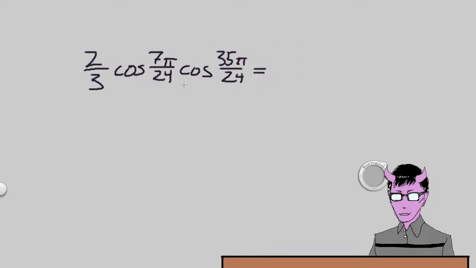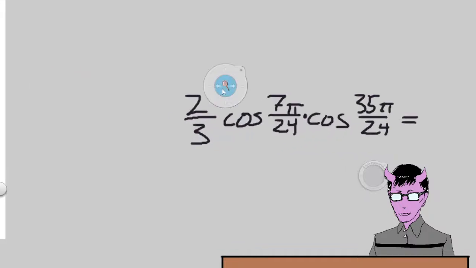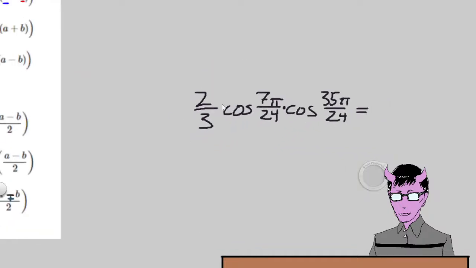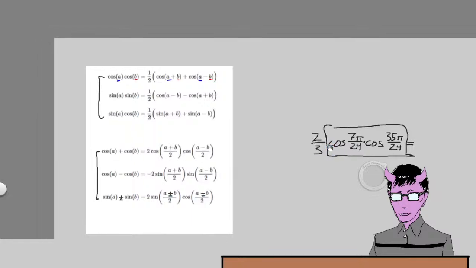So we have a cosine times a cosine. Find the right algorithm. Let's use one of these. It's cosine times cosine, so we're using the first one. We do have a goofy 2/3 in the front, so leave that alone. We'll just box off the relevant part for the algorithm right here to right there.